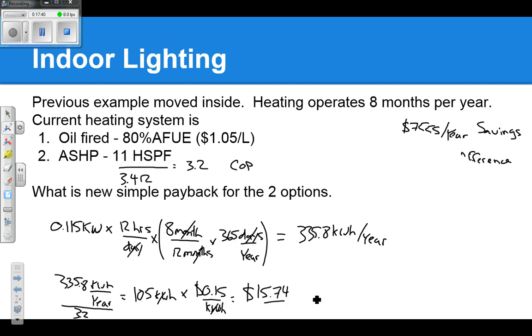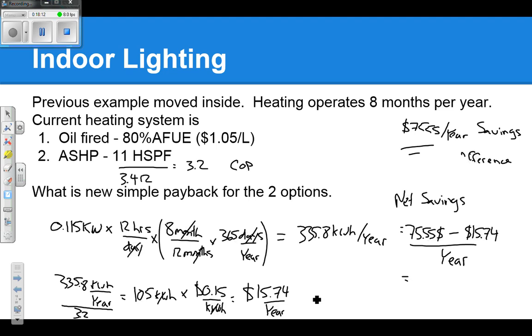so 15.74 per year. So again, our net savings equals the $75.55 minus our increased heating costs, which are 15.74, and this is all per year.